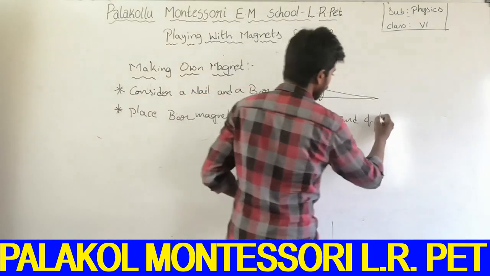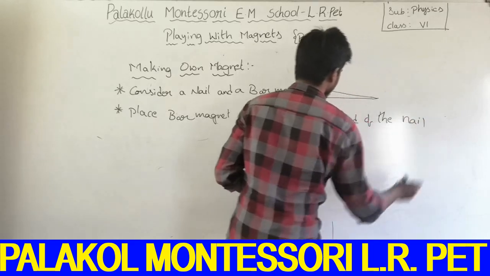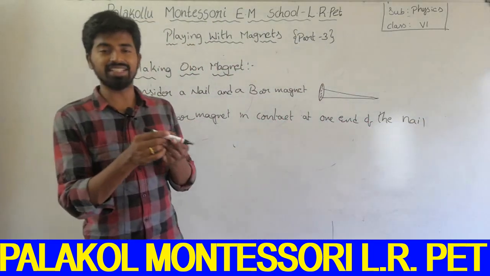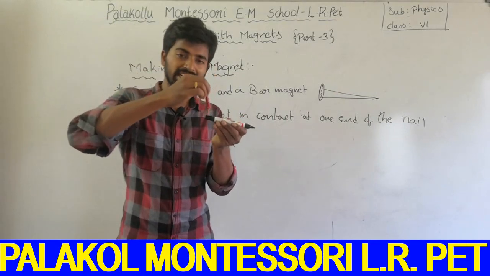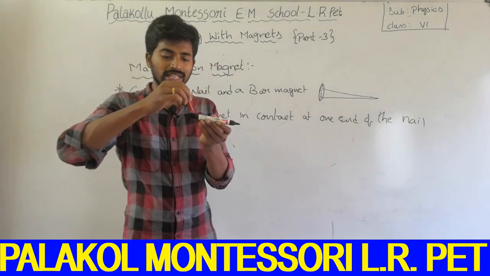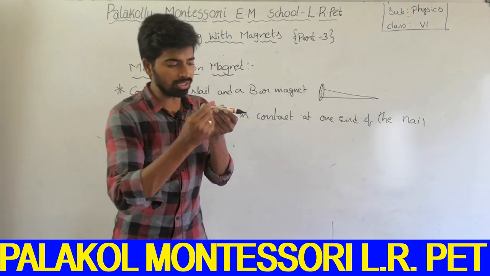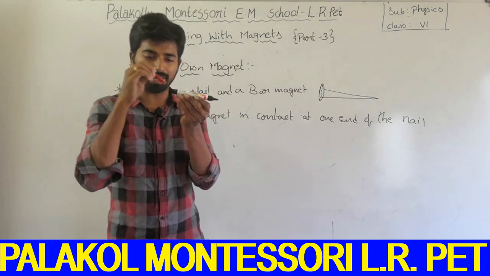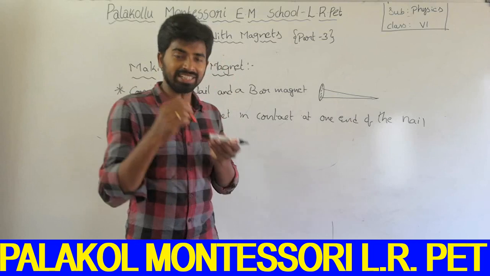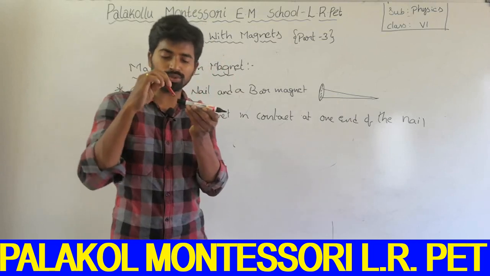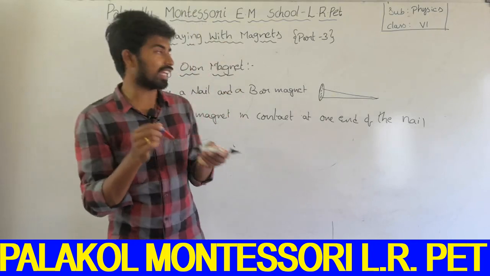Then slide this bar magnet along the length of the nail until it reaches the other end. You have to slide the bar magnet until it reaches the other end of the nail.